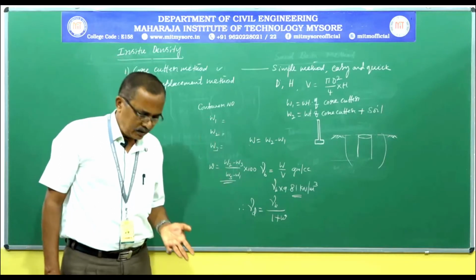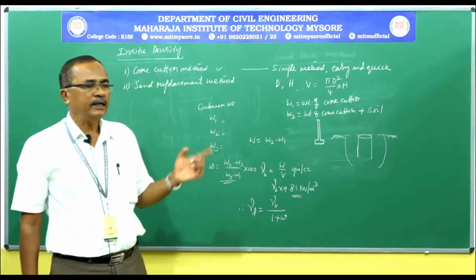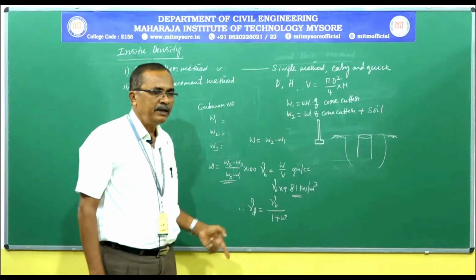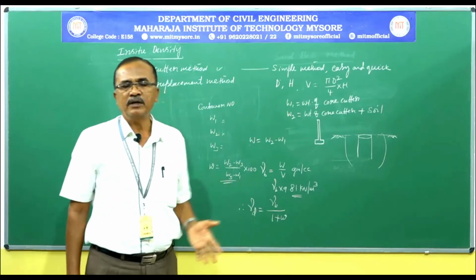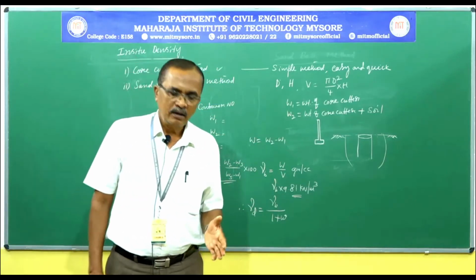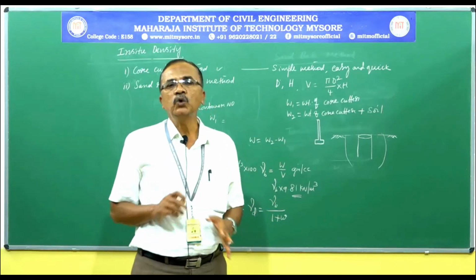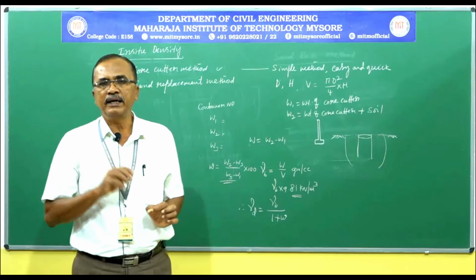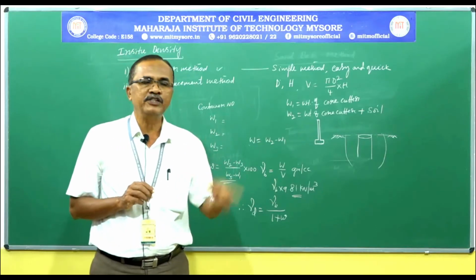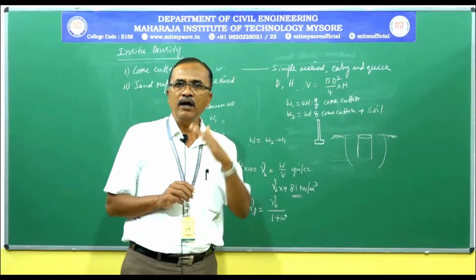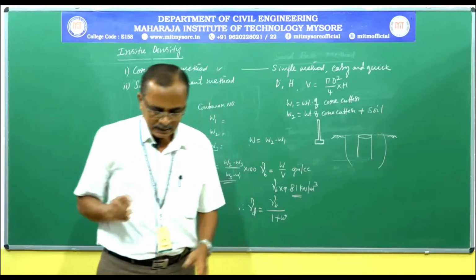Generally, for all practical purposes, we conduct this experiment at a site two or three times side by side. The average of two to three determinations is treated as the bulk density, or field density, of that particular site.